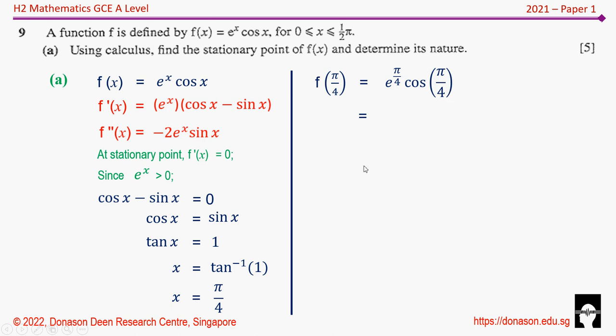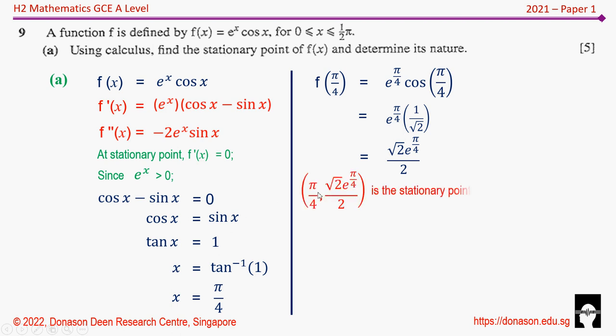And e to the power of pi over 4 is just going to stay as e to the power of pi over 4. Cosine 45 degrees is a special angle, so cosine of pi over 4 should simply be 1 over root 2. And of course you can rationalize it, and write it as root 2 over 2 times e to the power of pi over 4. This would be the y coordinate of the stationary point.